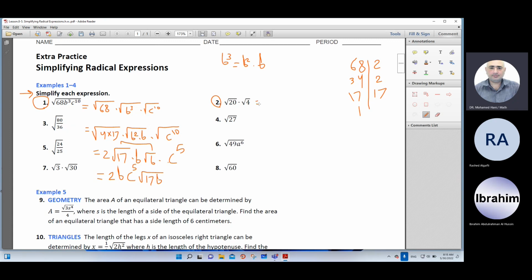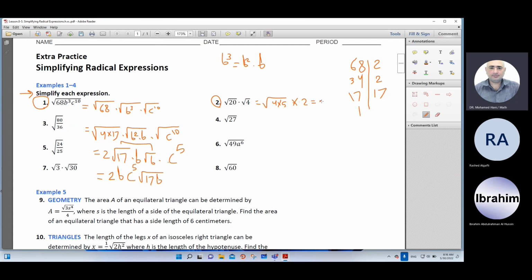As you know, 20 will be 4 times 5. And what is the square root of 4? It will be 2. What is the square root of 4 here?